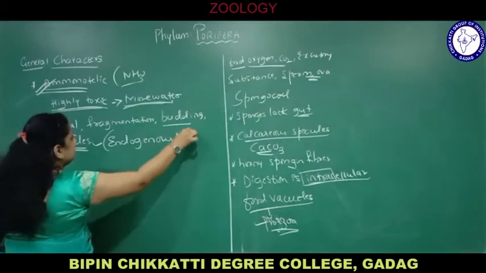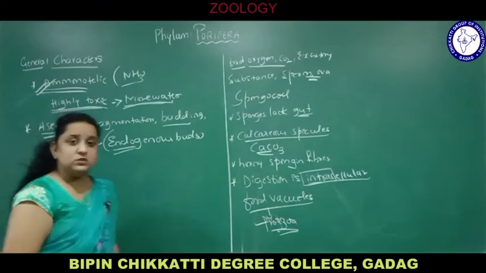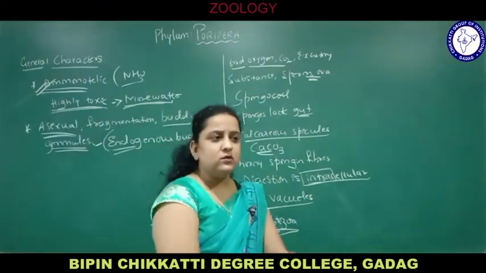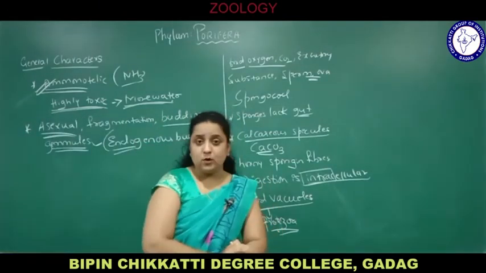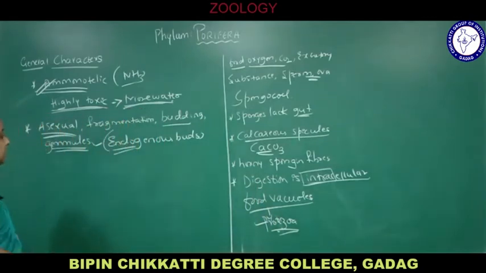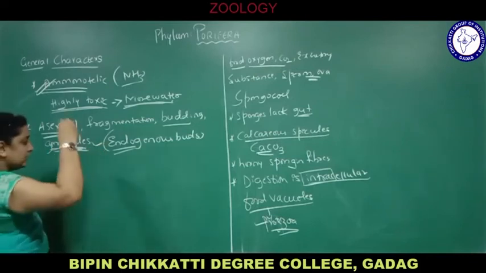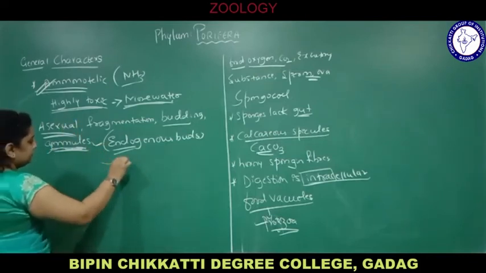Buds are of two types, endogenous and exogenous budding. The buds which grow outside the parent body are called exogenous budding, as in Hydra and yeast. But gemmules are endogenous buds, which means they grow inside the body of the animal.